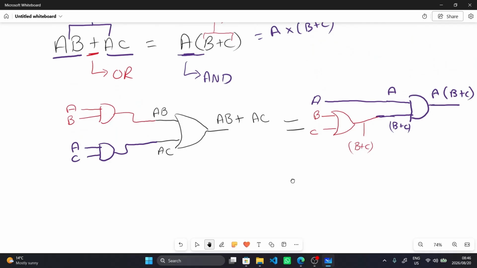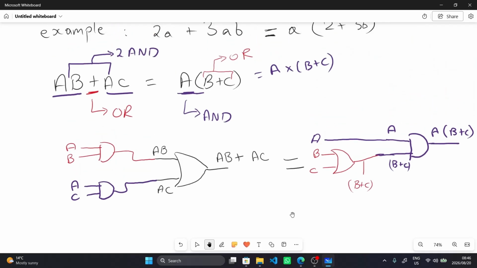Now for Boolean algebra, you will start solving. So yeah, cool. Thanks.